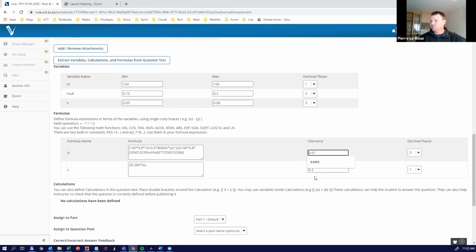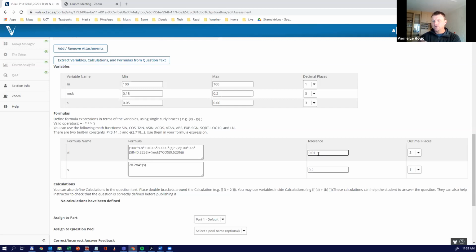So if my answer was 5.12, then the answers that are allowed to be given by students would be 5.13 and 5.11. In other words, I'm adding and subtracting whatever this tolerance is, and students can give an answer in that range and Vula will mark it correct.